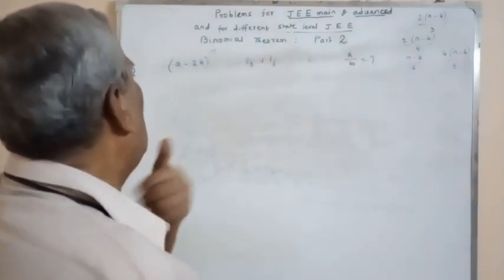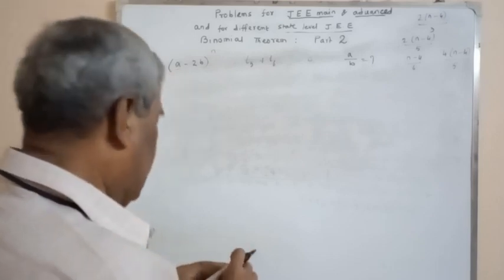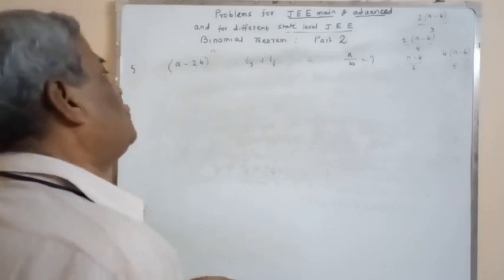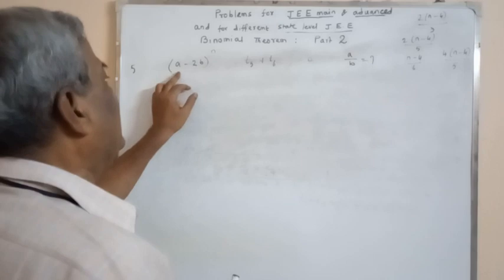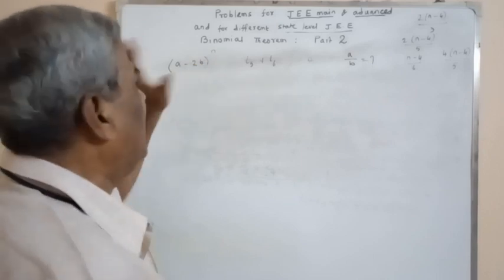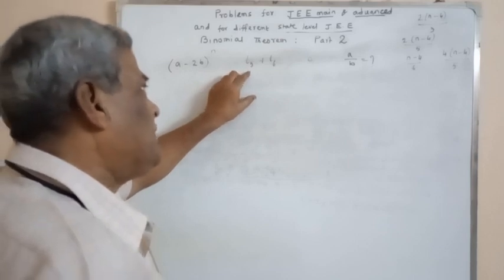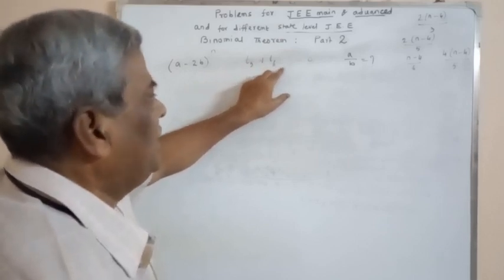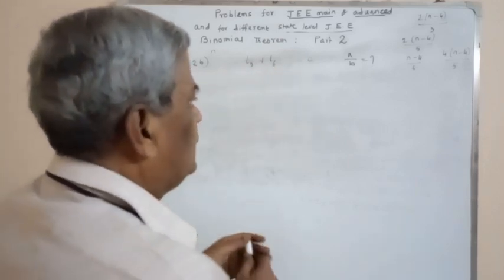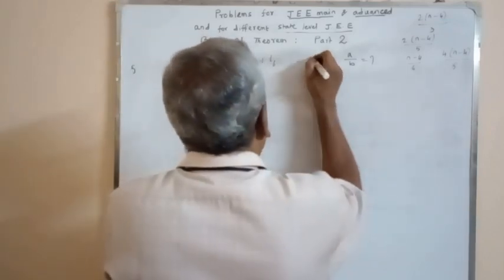Here one binomial is given, a minus 2b to the power n, and given that its fifth term plus sixth term is equal to 0.